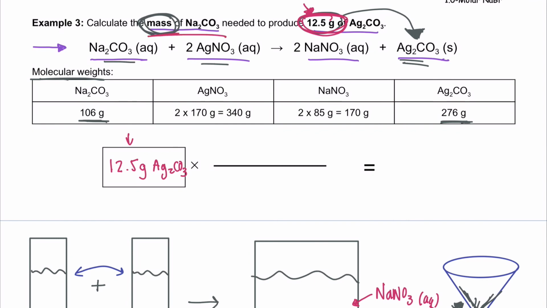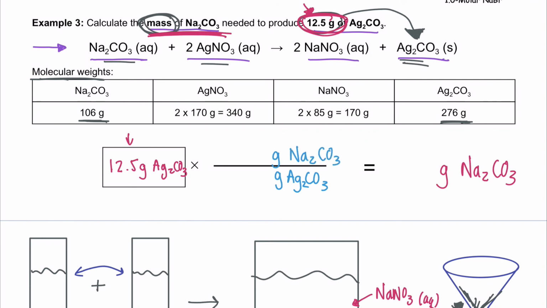The question is asking for mass of sodium carbonate, so that has to be what we end up with, grams of sodium carbonate. This means whatever is in our conversion factor, the grams of silver carbonate must cancel out, and we must be left with grams of sodium carbonate.